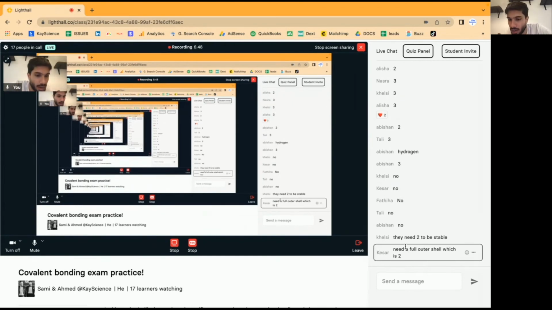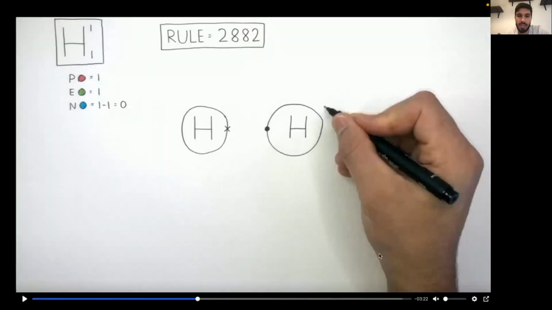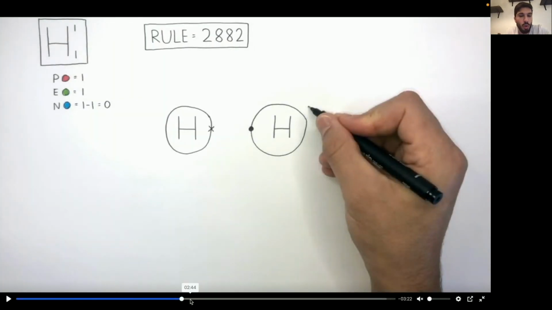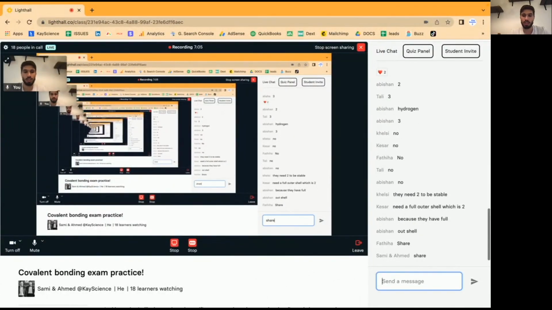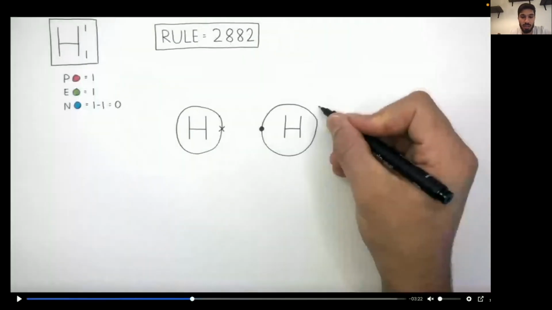Well done. I like Kasar's answer. They need a full outer shell, which is 2. So they have to have a full outer shell to be stable. You're right there, Kelsey, but they need a full outer shell. So what are they going to do, do you think? To form a covalent bond, do you think they're going to share electrons or transfer? Share or transfer? Exactly, share their outer electrons.